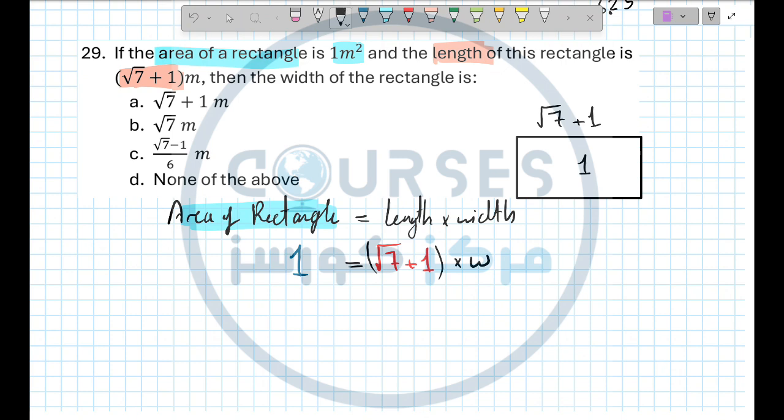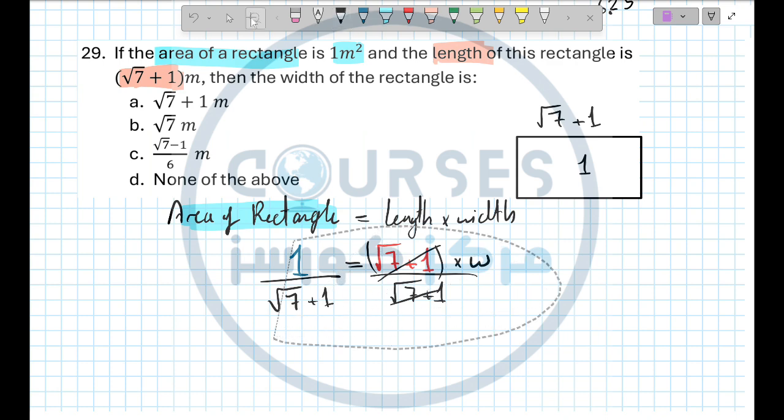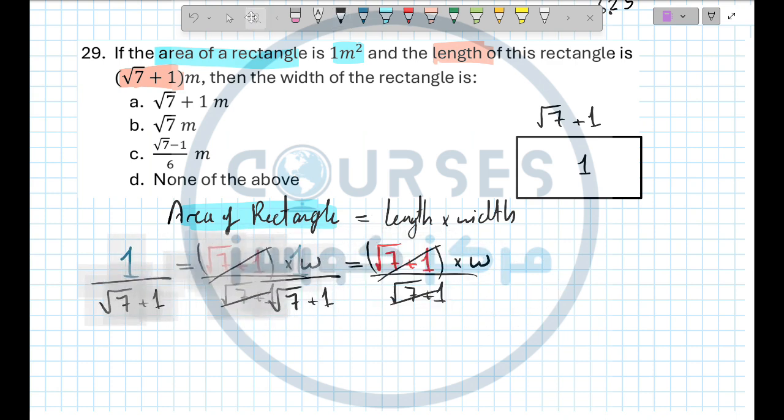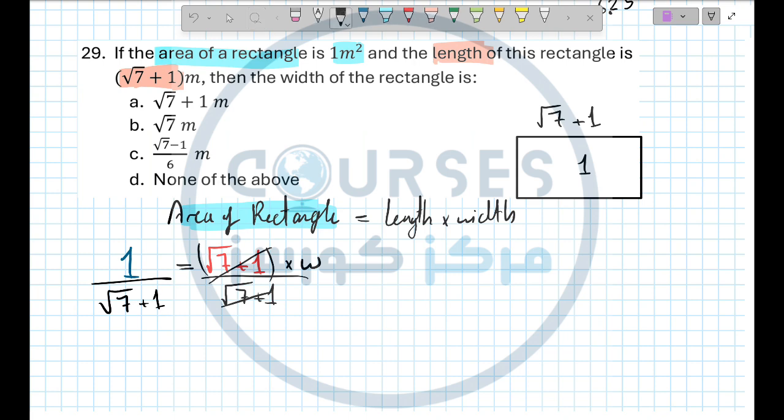Okay, I need to find the width, so divide by square root 7 plus 1, divide by square root 7 plus 1. This will cancel. So W will be equal to 1 over square root 7 plus 1.